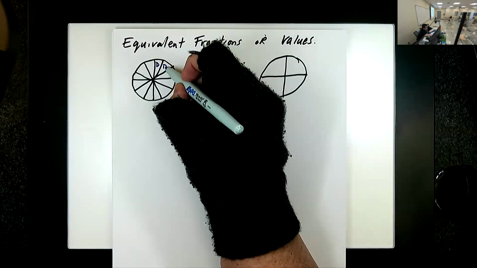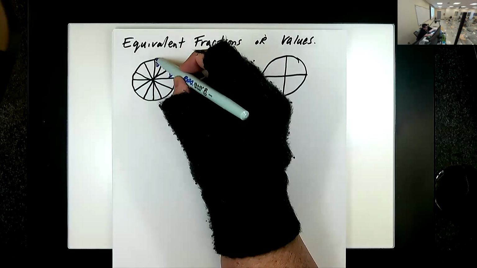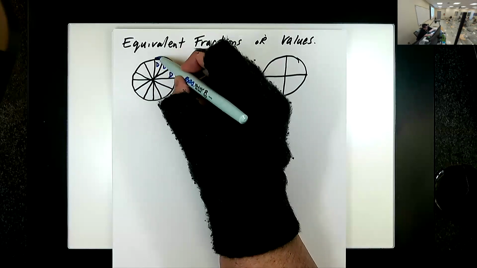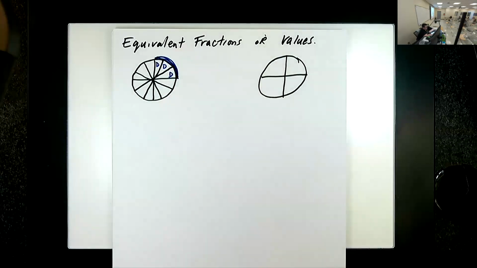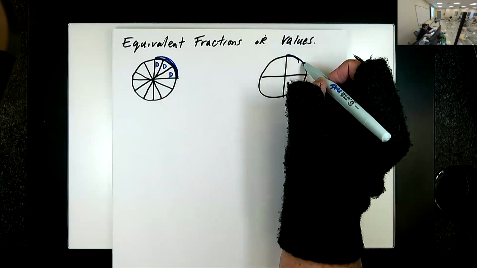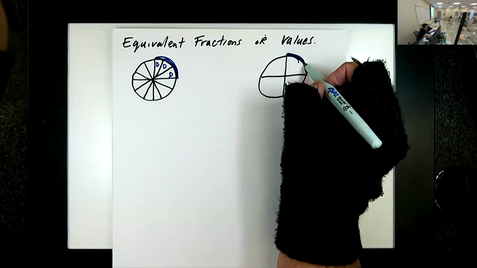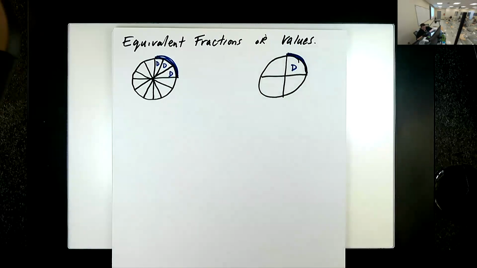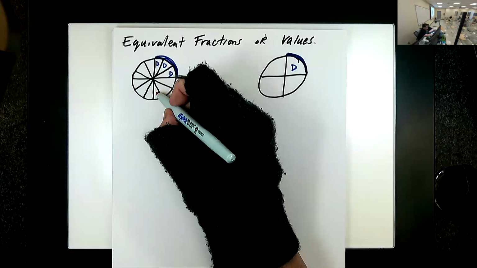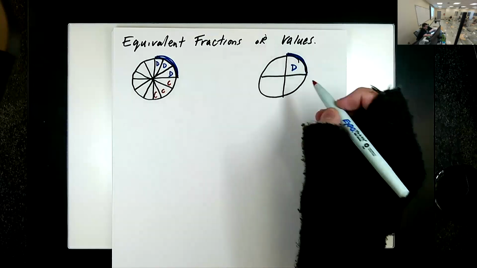I had these 3 slices here, which was that portion of the pizza. Over here on the circle, the equivalent portion of the pizza is that. And Cody had these 3 slices.